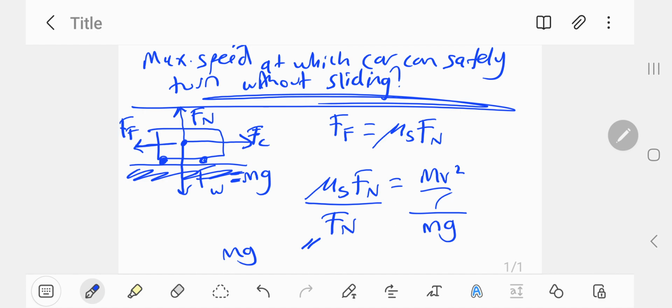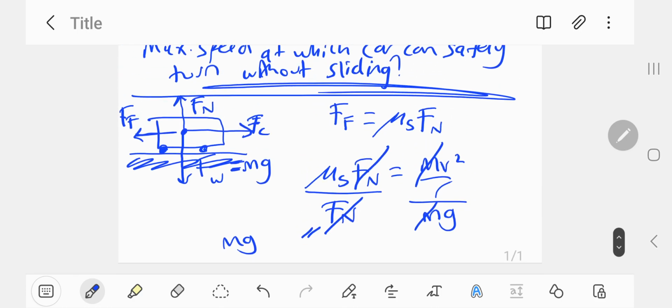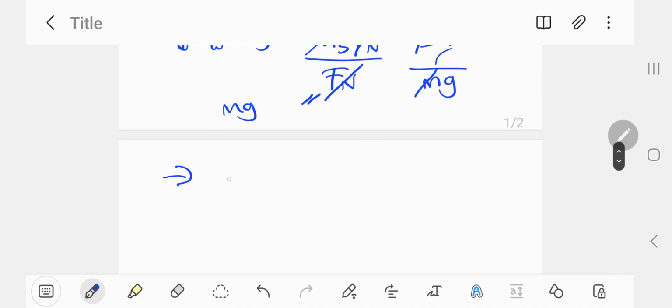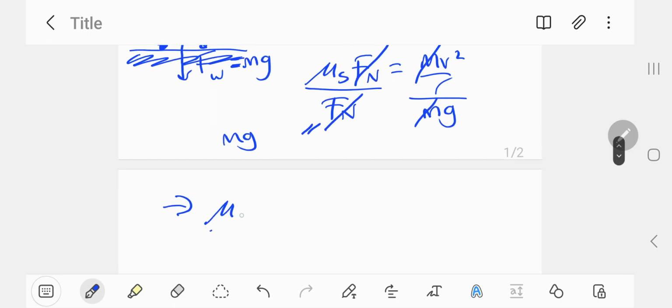So the F sub N cancels out on the left-hand side, and the m's cancel out on the right-hand side. What are we left with? If you rearrange this for mu sub s, the coefficient of static friction, mu sub s is just equal to v squared over rg.